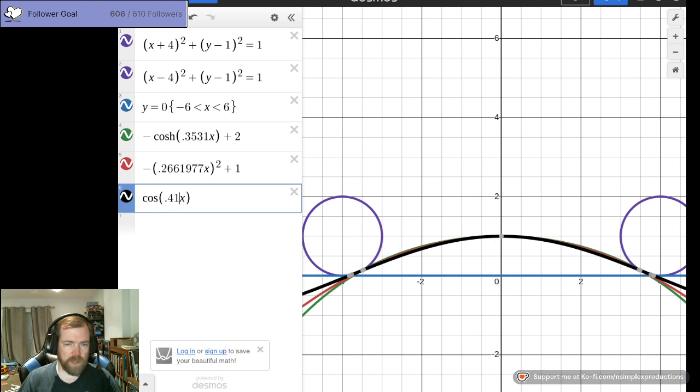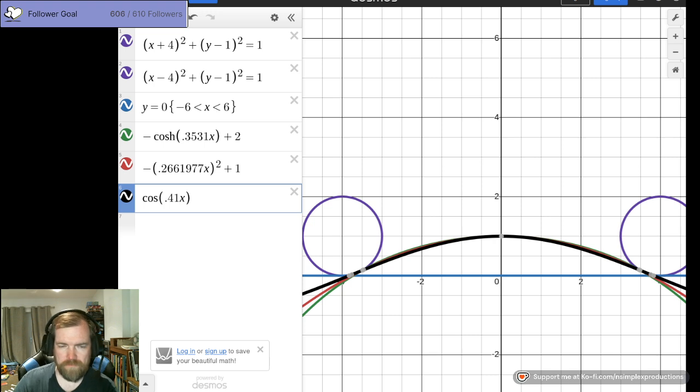Making a cosine curve on the actual wood is going to be a little bit more difficult, so I don't know how to do it nicely. It's going to end up, in this case, just being like find individual points, make it work.